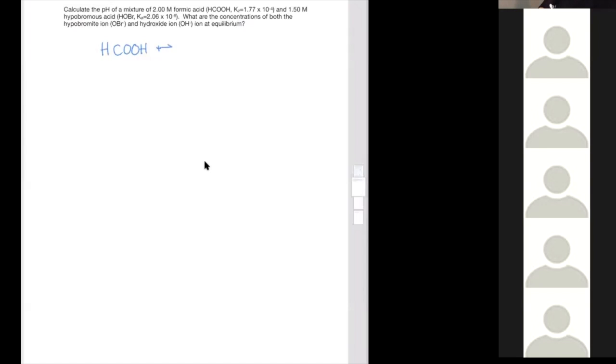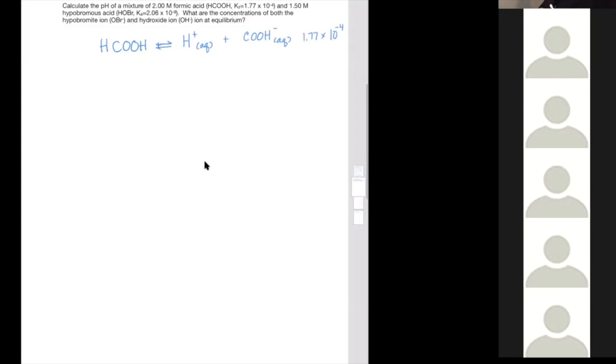It should be an arrow, there we go. And we have the hydrogen ion, and then the COO-, which is the formate ion here. And it gives you the Ka value. It's 1.77 times 10 to the negative fourth.